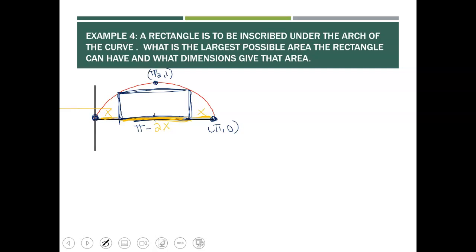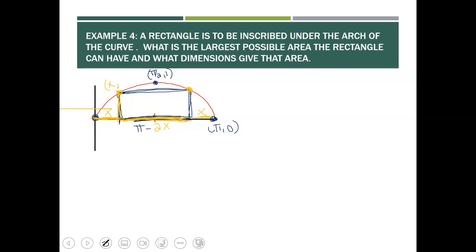Here's where it gets trickier. This right here represents the height of the rectangle, right? So that height of the rectangle is going to be x units over from 0, because this distance here is 0 to x. So that means that the height occurs at x, comma, well, what curve is it hitting?